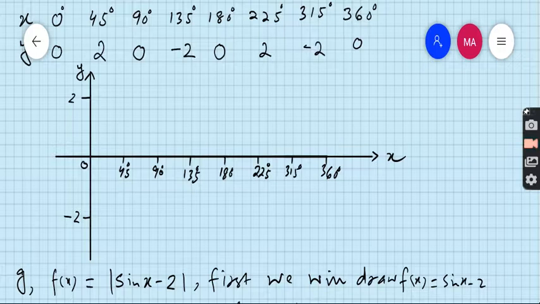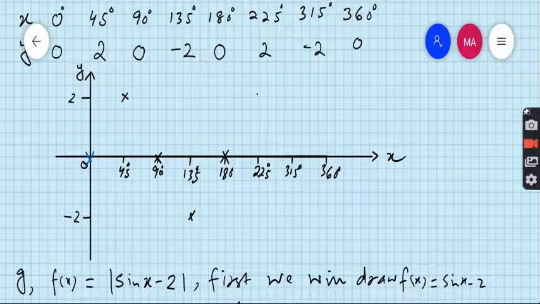Join all the points. For 0 the value is 0. For 45 the value is 2. For 90 the value is 0. For 135 the value is minus 2. For 180 the value is 0. For 225 the value is 2. For 315 the value is minus 2. For 360 the value is 0.